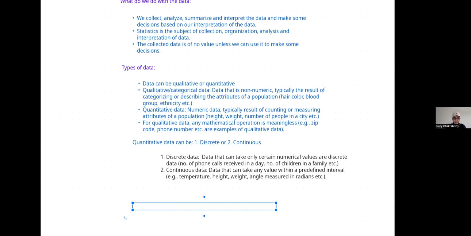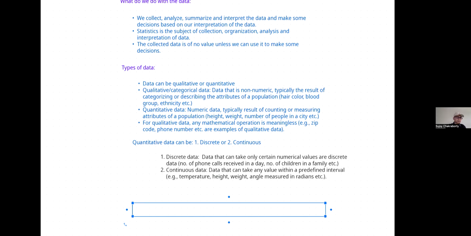of an individual or item that can be measured or observed, and that can take on different values.